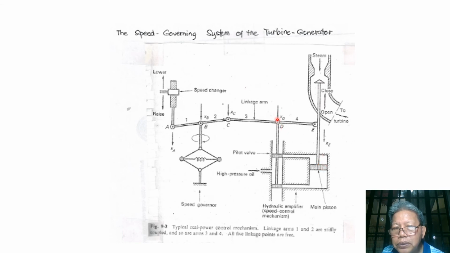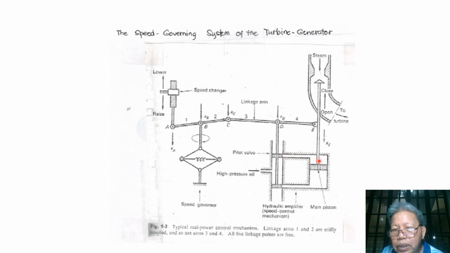Of course, this is associated with the movement of the oil in the hydraulic amplifier. When this moves up, you see that the force acting on D will also be up. So when the pilot valves are pushed up, this one will open and this one will close, so oil will flow that way.